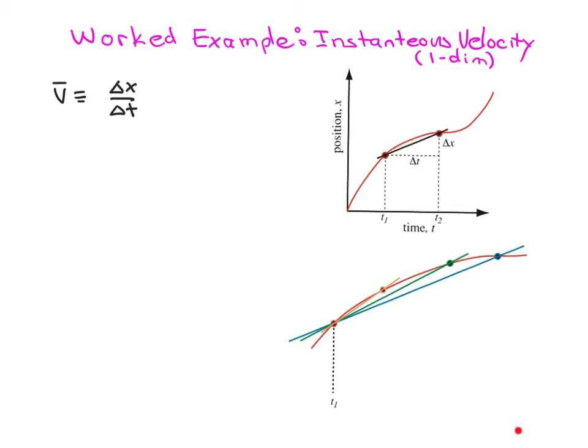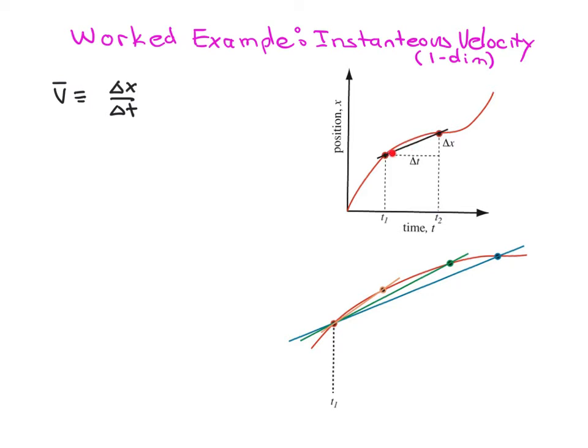By definition, delta x is going to be a positive number equal to this length here, and delta t is going to be the length of this horizontal dotted line here. That's the difference in time between the final time and the initial time. And the ratio of those two quantities, delta x over delta t, is the average velocity.